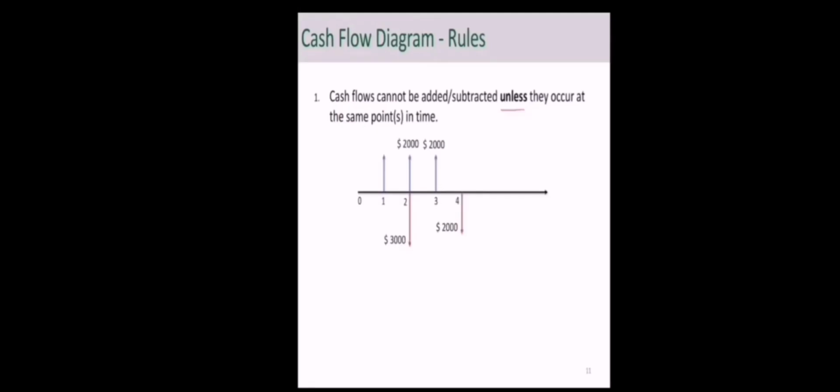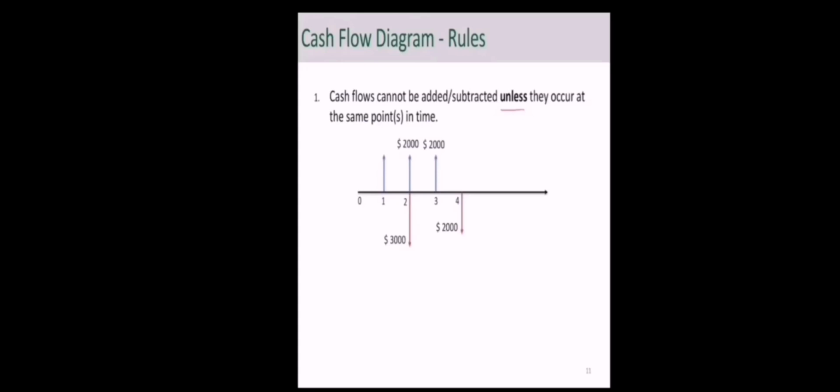As you can see, at number 2 or the second month, there is an arrow that is pointing upward and an arrow that is pointing downward. The arrow that is pointing upward is $2,000 and the arrow that is pointing downward is $3,000. So here, there is an exception.